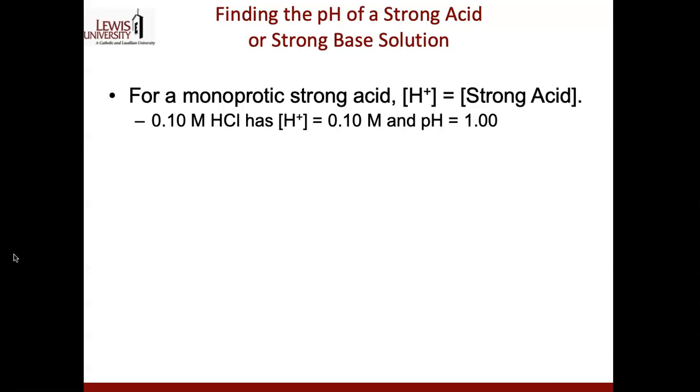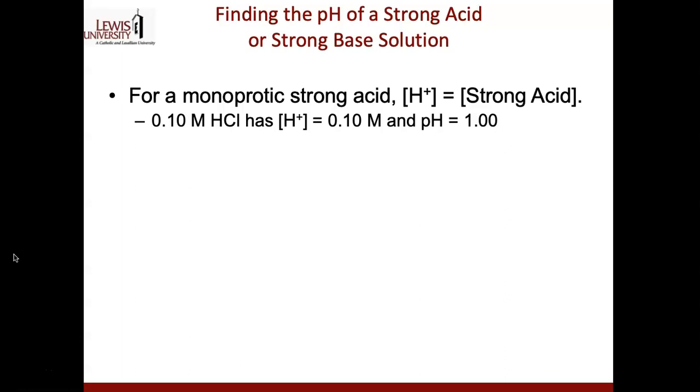So if I have a 0.1 molar HCl solution, that means I'm going to create 0.1 molar H plus and 0.1 molar Cl minus. The pH is then just the negative log of the concentration of H plus, which is the negative log of 0.1. And so my pH would equal 1.00, right?